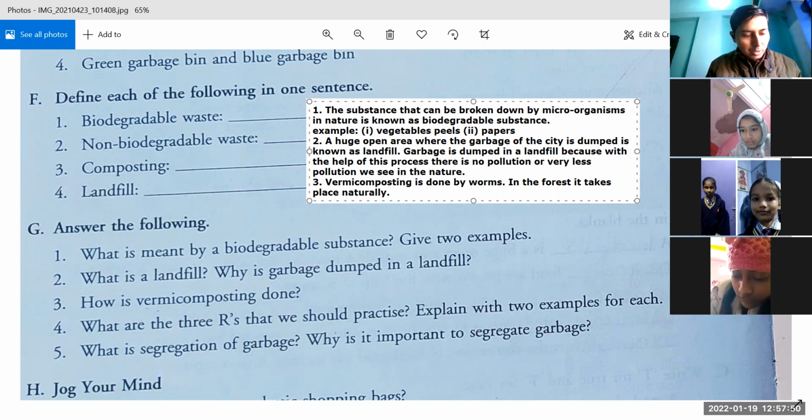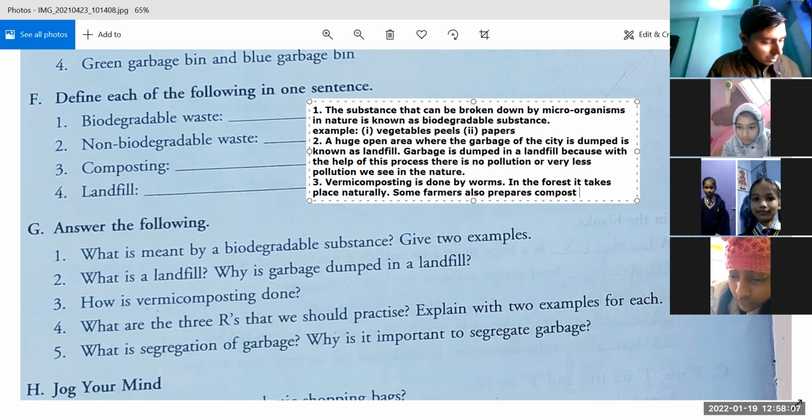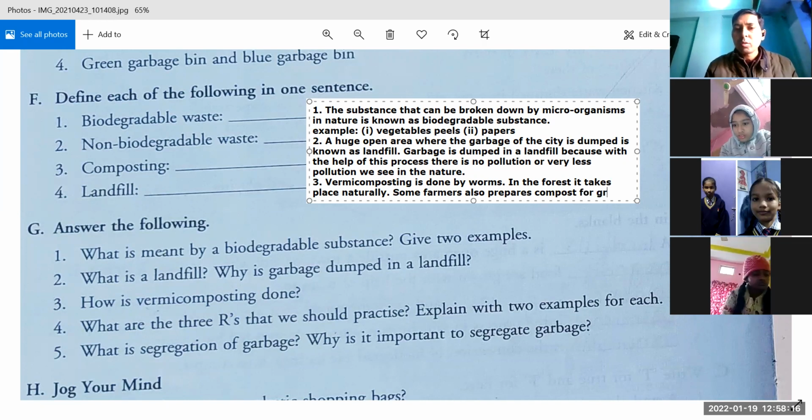Some farmers also prepare compost and use it in the field to grow crops.